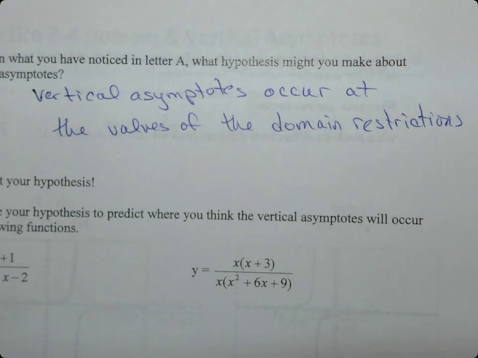Okay, vertical asymptotes occur at the values of the domain restrictions, and the domain restrictions come from setting the denominator not equal to 0. Remember, domain restrictions come from the full denominator before you cancel.